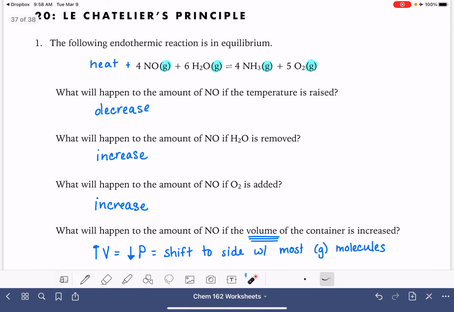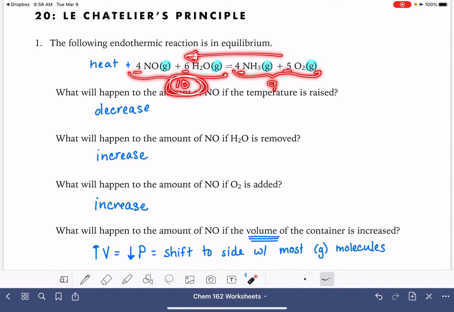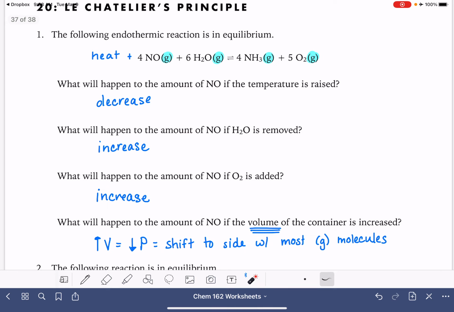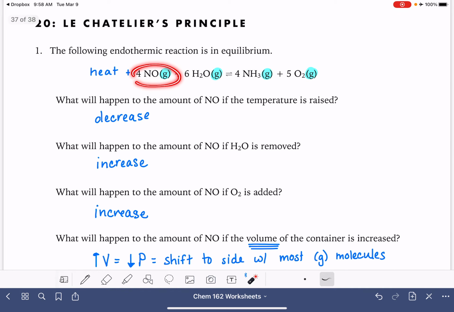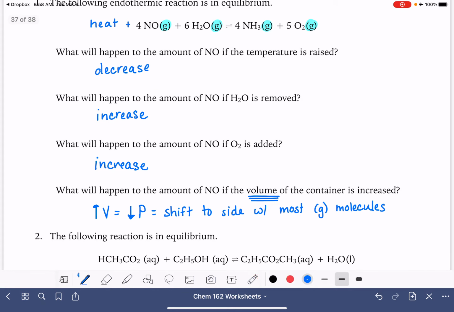So we have to figure out which side has the most gas molecules. The left-hand side has 10 gas molecules, 4 plus 6, and the right-hand side has 9 gas molecules, 4 plus 5. So we're going to be shifting to the side that has the most gas molecules. That means we're shifting to the left. And the NO is on the left, so that means that the NO will increase.